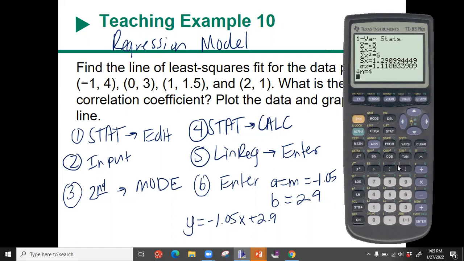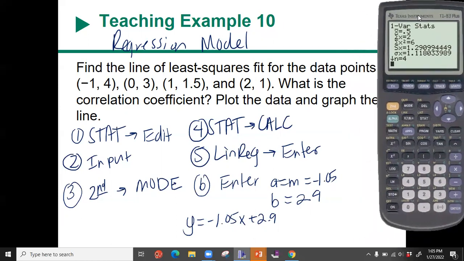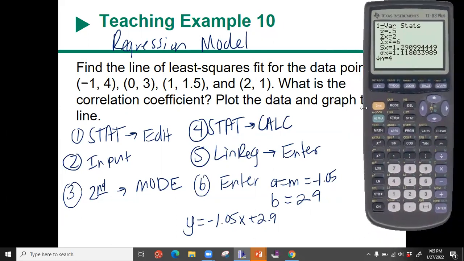Maybe it's on the new ones. It should give you an R value, and I don't know why I don't see one on this classic calculator. I don't like to call it old. The correlation coefficient just basically means how well is it plotted, how well associated is your information.